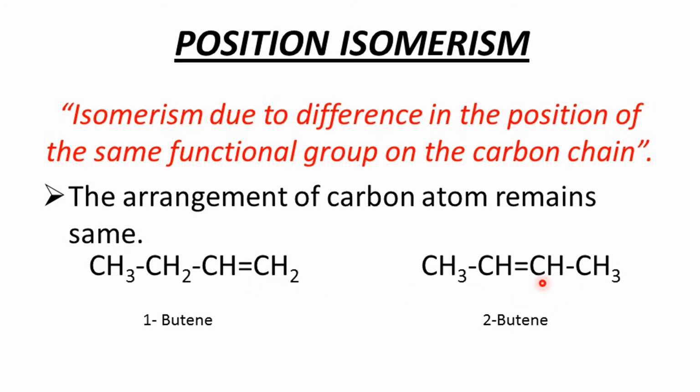Now 1, 2, 3 and 4, we again are having 4 carbon atoms, but the position of the double bond has changed, that is, now at the second position. So this is 2-butene. So the two compounds have the same functional group, but the position of the functional group is changed, and this is called position isomerism.